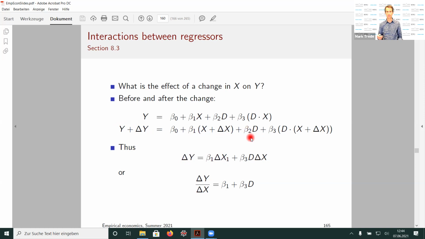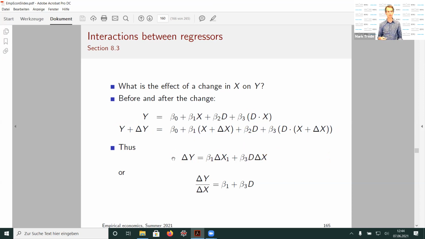Then we have the beta 2 that cancels. And we have beta 3 times d x that also cancels. And we have beta 3 times d times delta x that does not cancel, and that remains. So this would be the expected change in y.